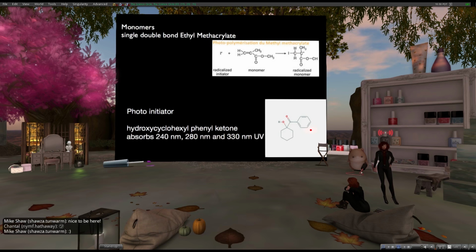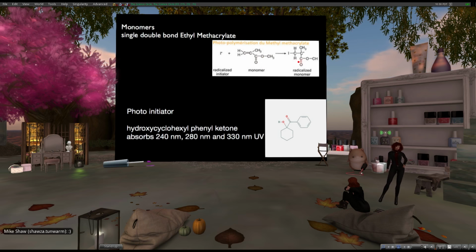All right, so here's the monomer. Look at the initiator, the free radical, the monomer with the double bond, and then the radicalized monomer, where we see that free electron just waiting to go on. And here, for example, is the photoinitiator, hydroxycyclohexyl phenylketone.